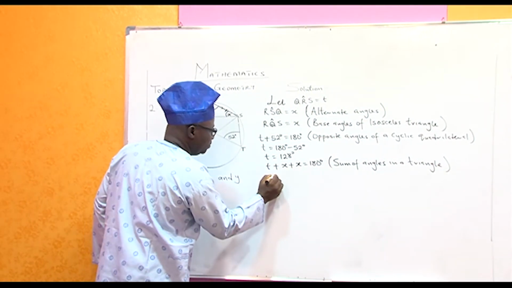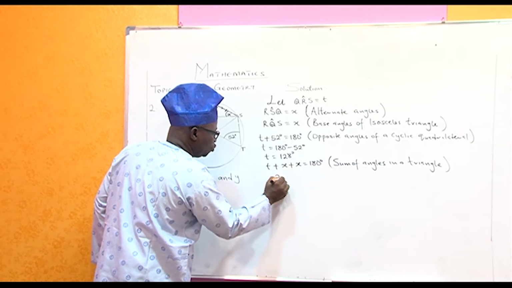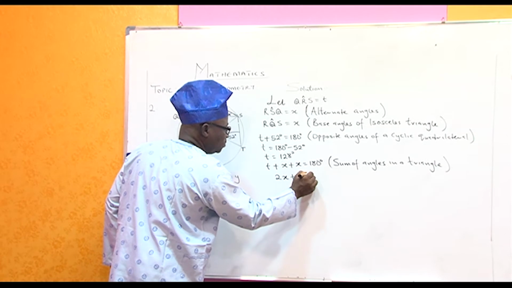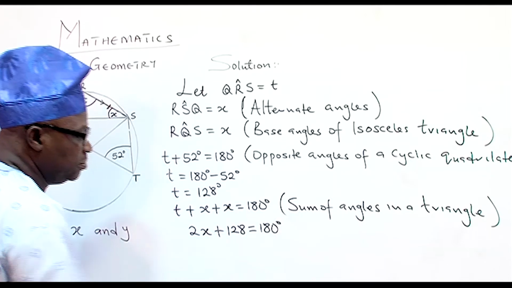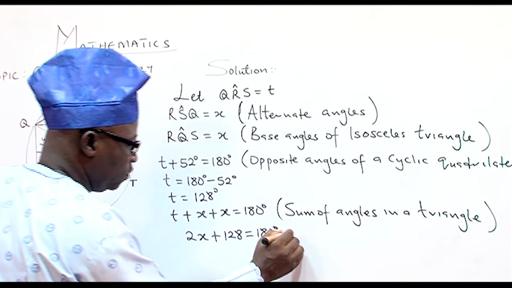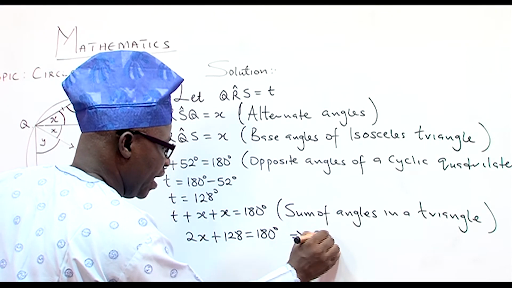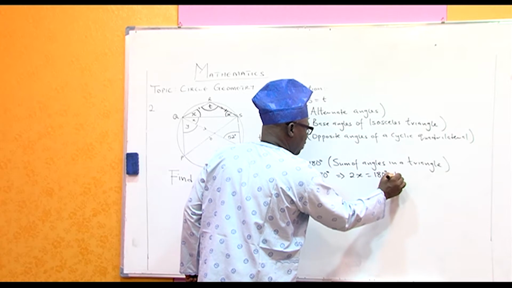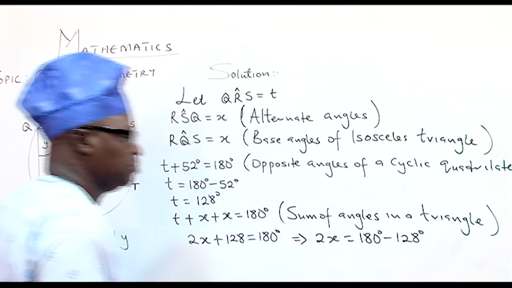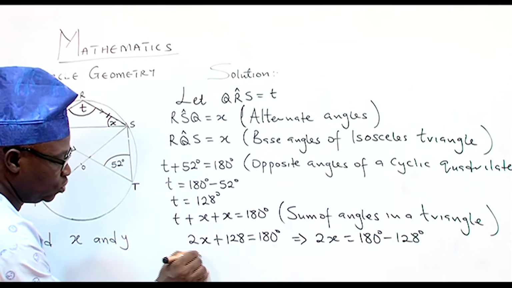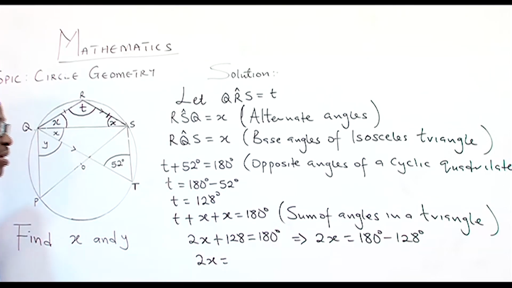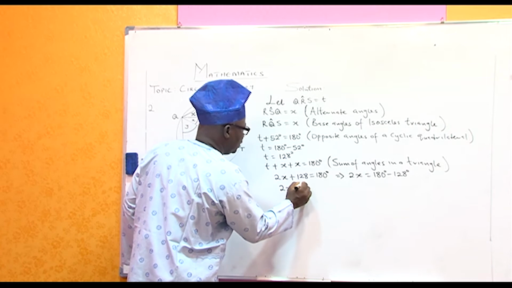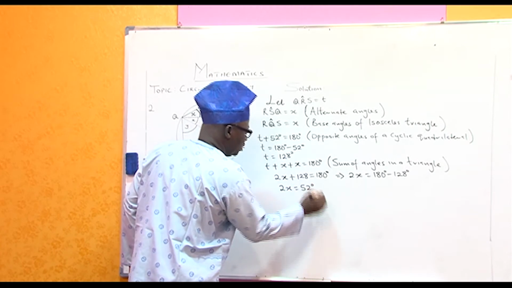So from here, X plus X is 2X. Then T is 128. All is 180 degrees. So from here, we can say 2X is 180 degrees minus 128. And that implies that 2X is going to be 52 degrees.